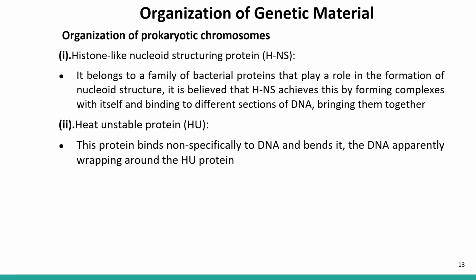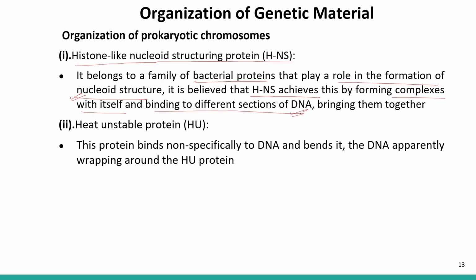Coming to the first one, histone-like nucleoid structuring protein, HNS, it belongs to the family of bacterial proteins that play a role in the formation of nucleoid structure. They are mostly involved in the structural organization of the nucleoid. It is believed that HNS achieves this by forming a complex with itself and binding to different sections of the DNA.